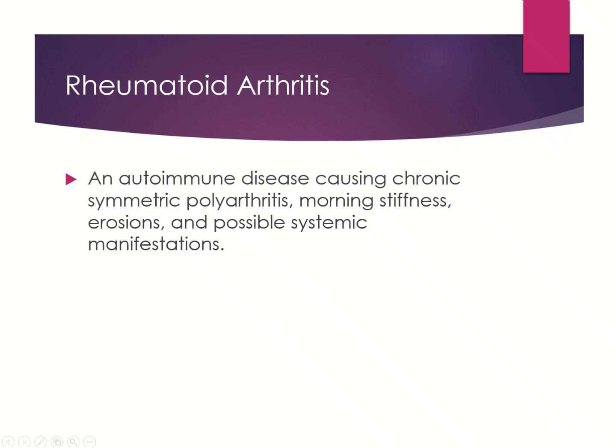Now, what is rheumatoid arthritis? It is an autoimmune disease causing chronic symmetric polyarthritis, morning stiffness, erosion, and possible systemic manifestations occur in this condition. So mainly we have to remember rheumatoid arthritis is an autoimmune disease, and it can cause chronic systemic polyarthritis.